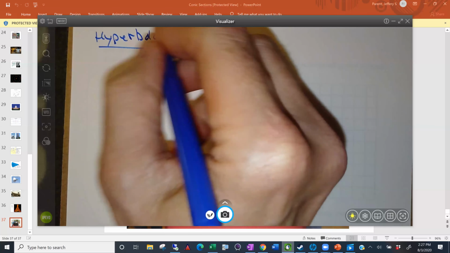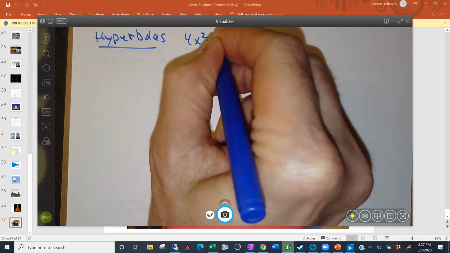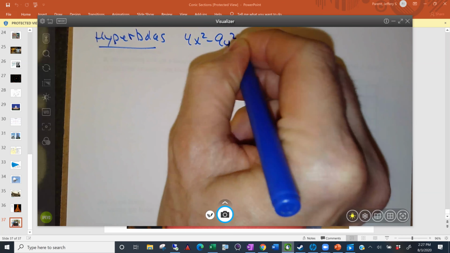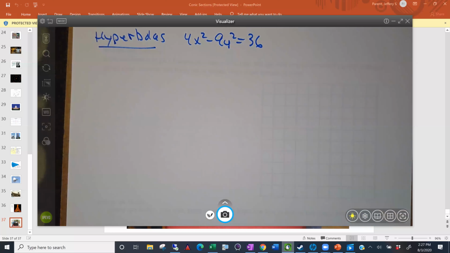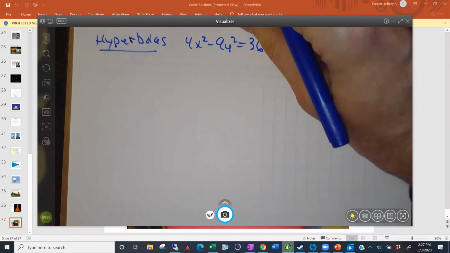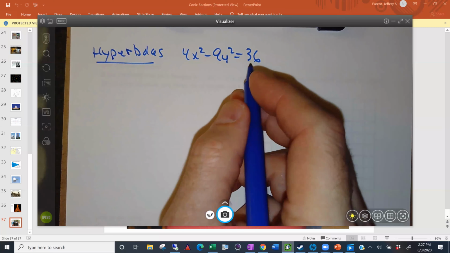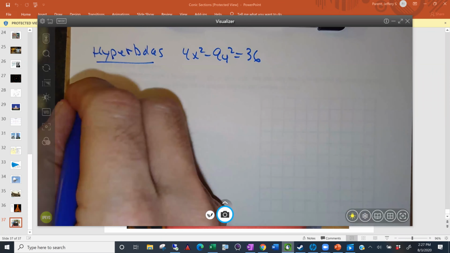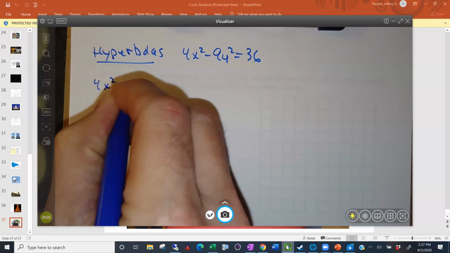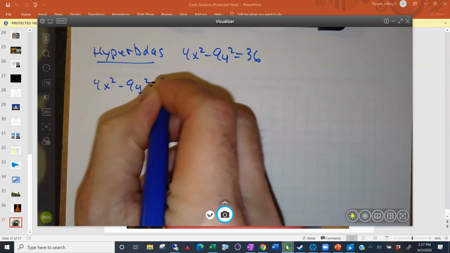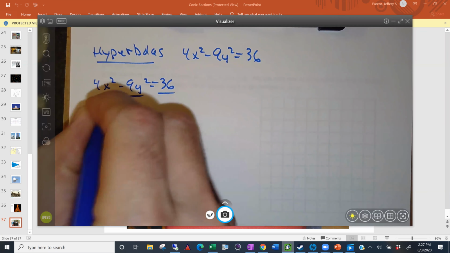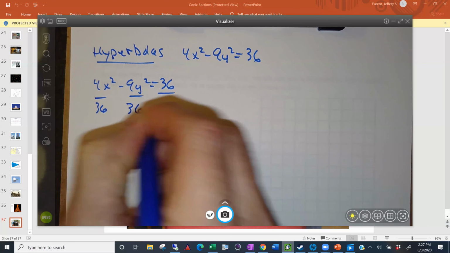We'll start out with 4x squared minus 9y squared equals 36. You might imagine that we're going to do the same thing here that we did with our ellipses, and that is to divide everything through so we have a 1 on the right-hand side. If that was your musing, then you'd be correct.